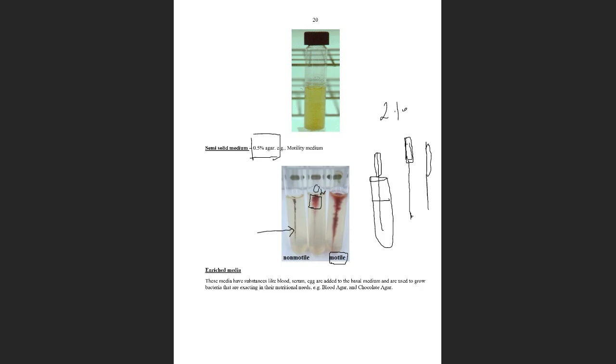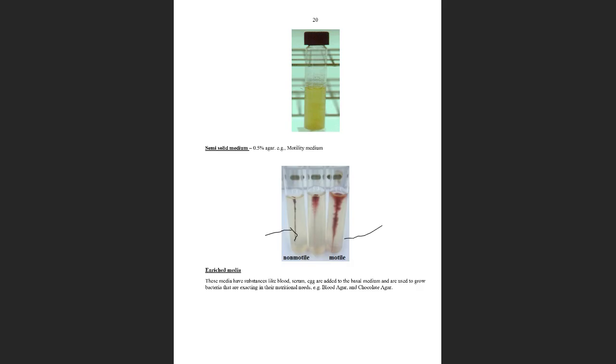So this is only growing on the top part of the agar where it could get the maximum possible oxygen. But it's not growing that much towards the lower half of the tube because there was no oxygen for it. But it is motile. But Tube 1 and 2, they show you the extreme, non-motile and motile.